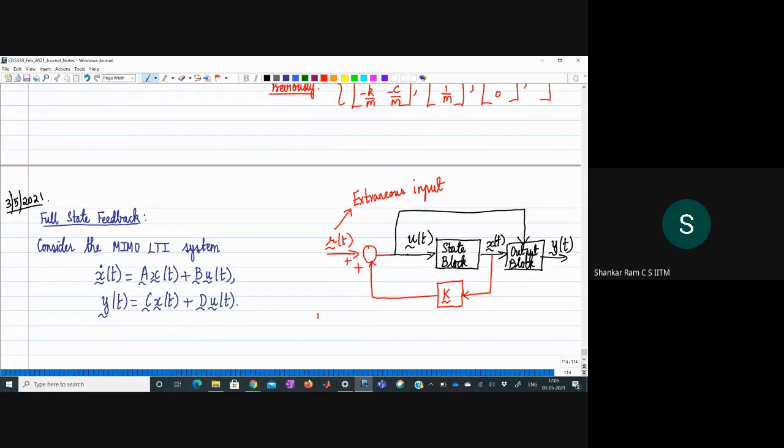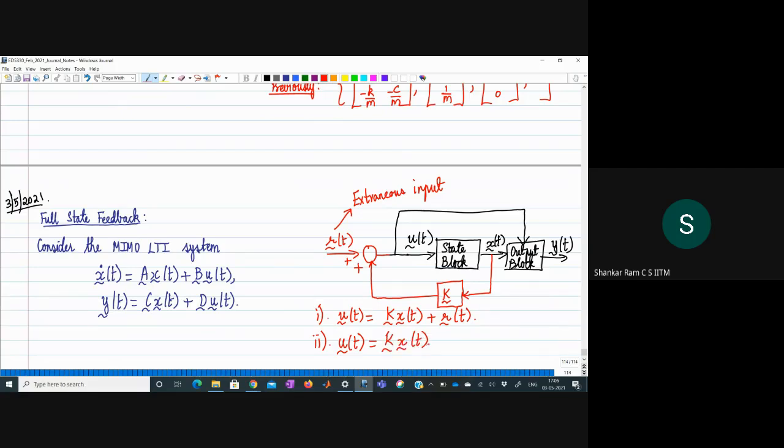The full state feedback control equation can be written as either u equals K x of t plus r of t, or it can be just K times x of t, where r need not appear.